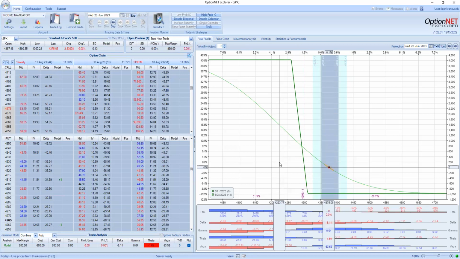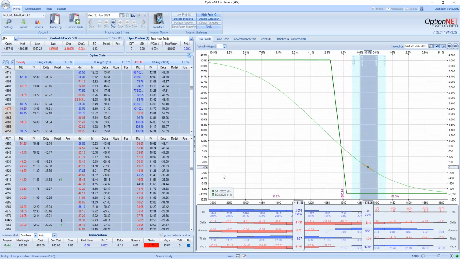And this is what a 50-point wide put debit spread looks like. It is currently going for $9.80. So that's step one.